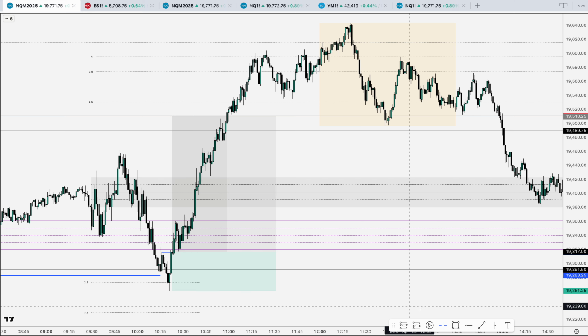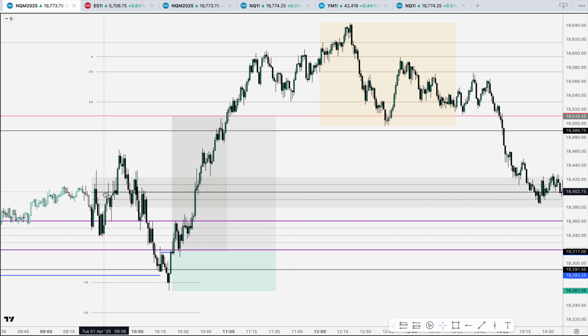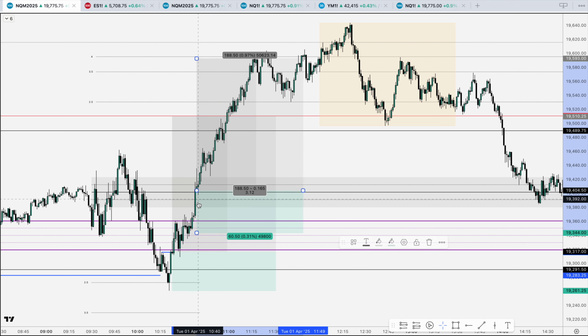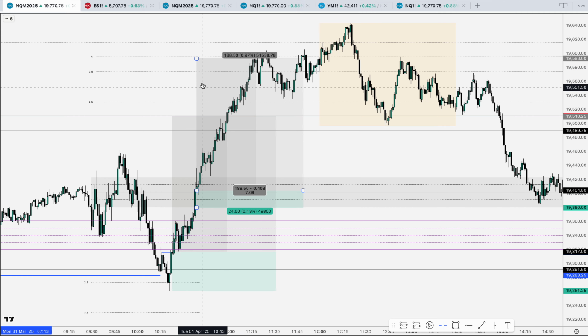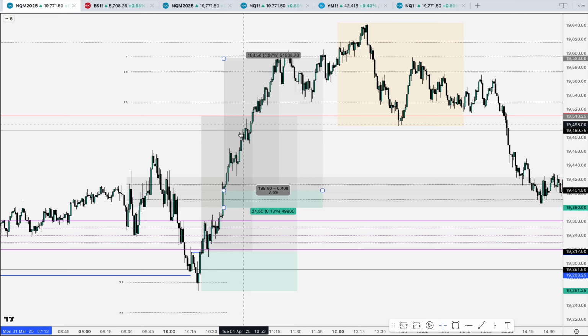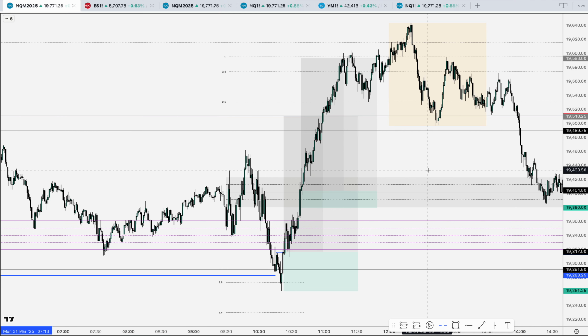Once you see this signature of displacement through the most significant level of the gap, that is the consequent encroachment, you don't want to see price coming below. So if you are taking this institutional order entry drill, you don't want to see price coming to the low of the gap basically.